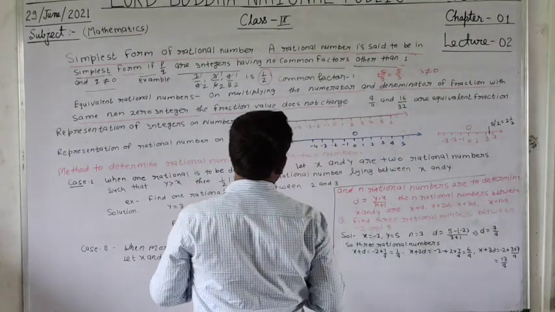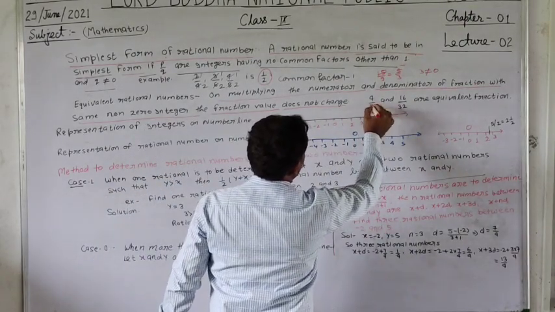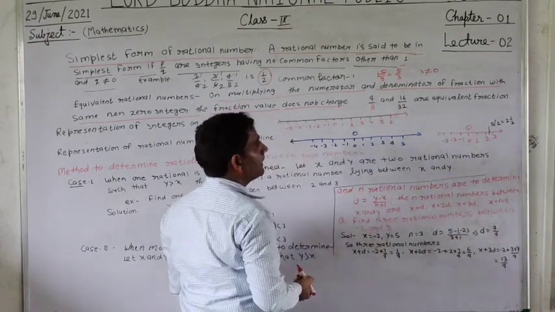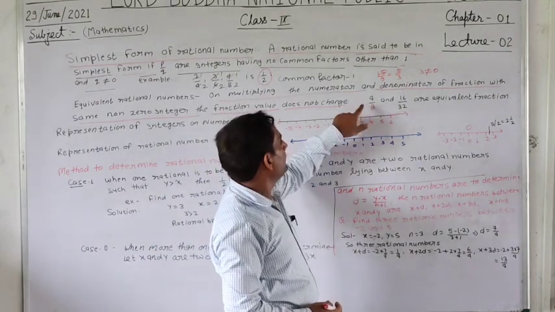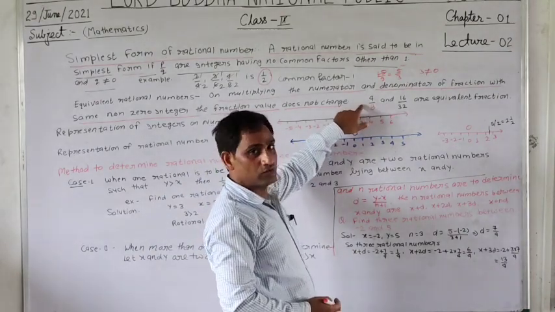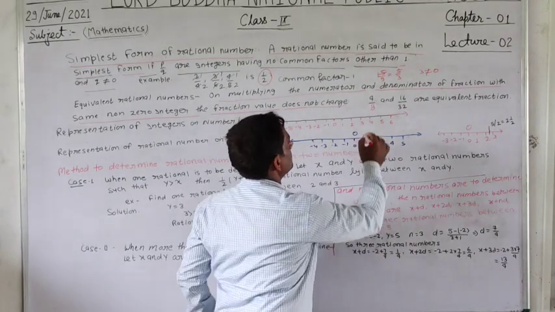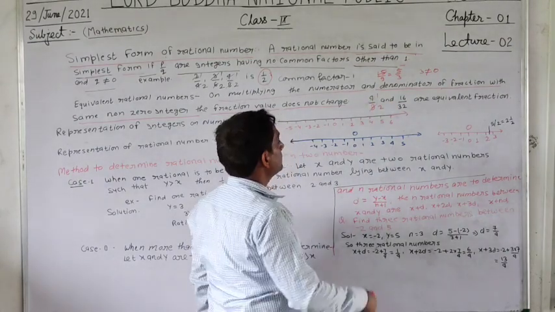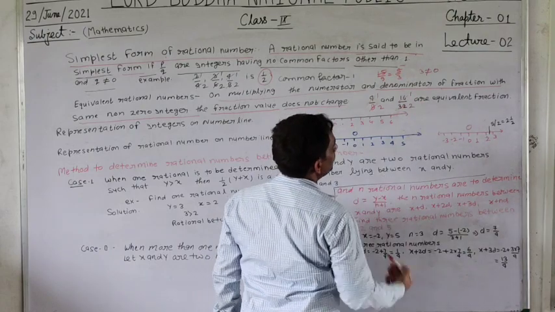For example, 4/8 and 16/32 are equivalent rational numbers. We see that if we write the smallest form, then we find 4/8 is 1/2 and 16/32 is also 1/2.